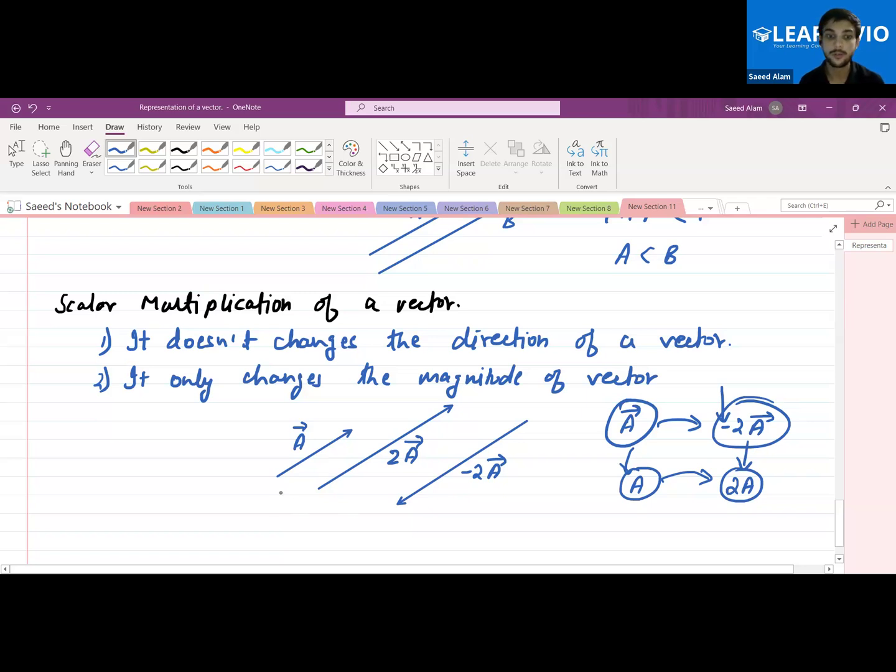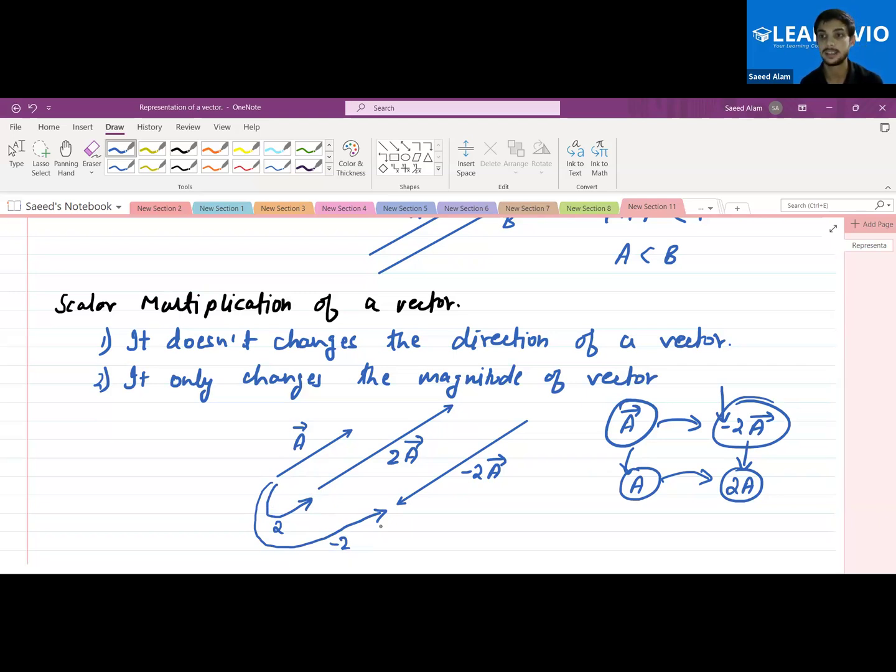So what was the scalar while I had chosen to draw from A to 2A? What was the scalar quantity that I had chosen here? 2. And what was the scalar quantity while I drew this particular vector? Negative 2.